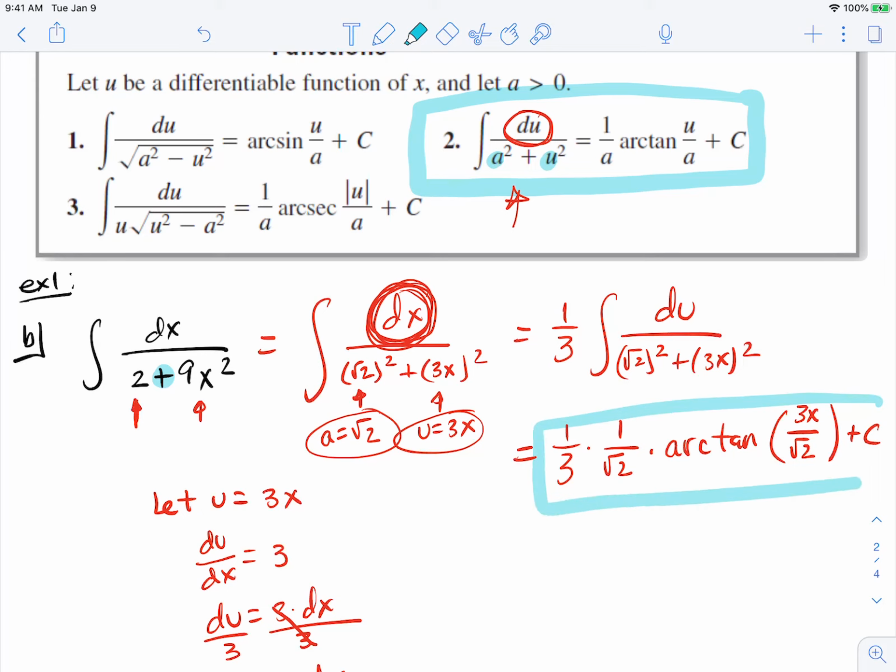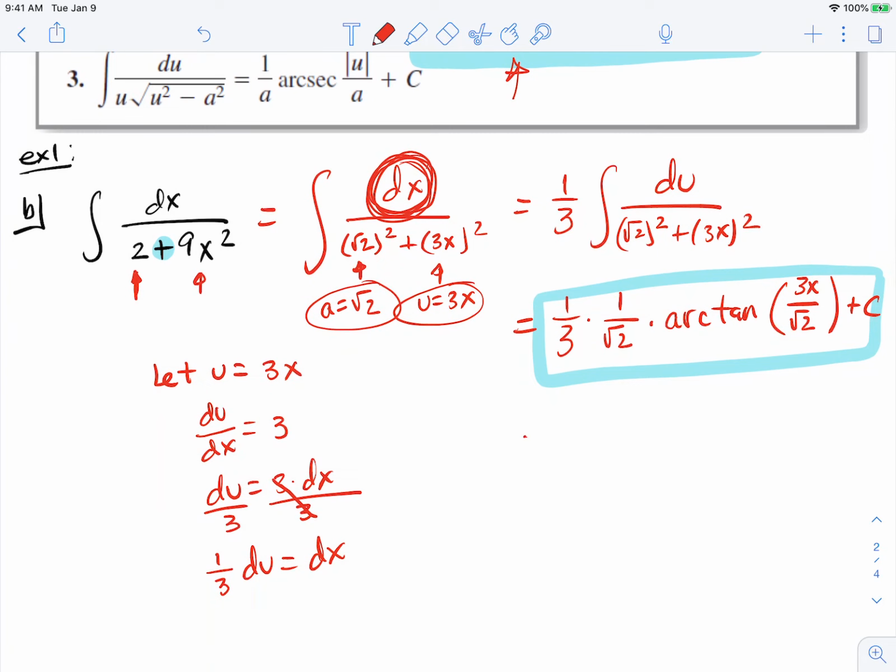And this is what we were looking for. You could, if you wanted to, instead of having both of these terms, write it like this. That would be fine.